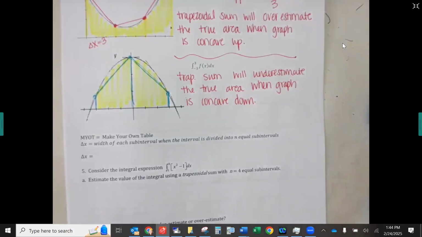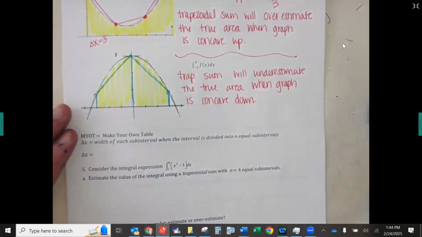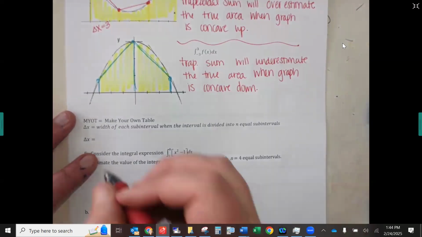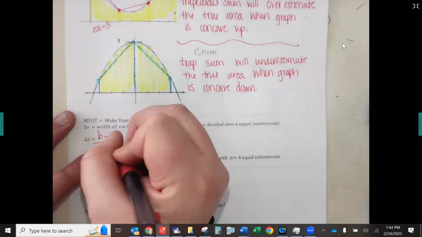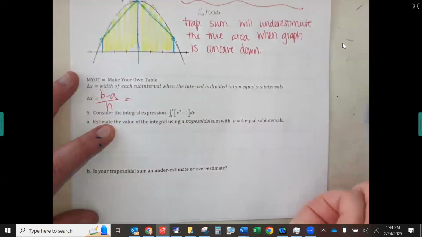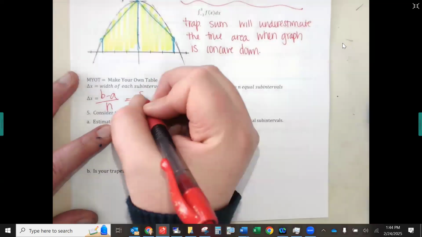All right, we have one more question left, and it's a make your own table. So let's go ahead and take a look at number 5. In your calculator, will you find the width? Remember, it's B minus A over N. So if I'm going from 1 to 8, what will the top of my equation be? 8 minus 1.